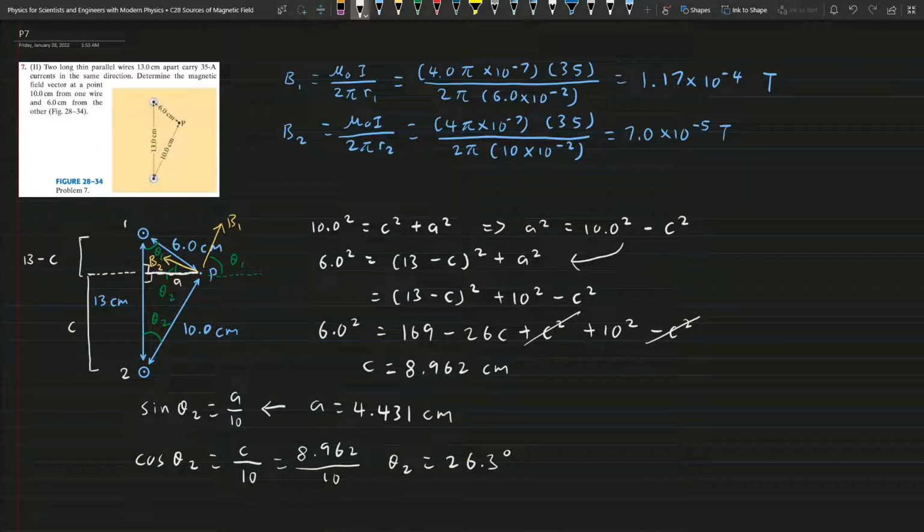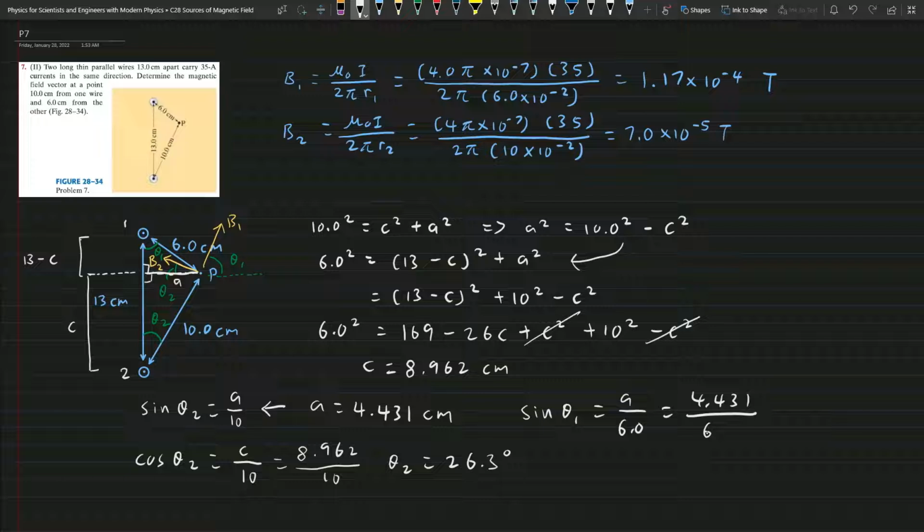From here we can solve for theta 1. We know sine theta 1 equals a over 6.0, so 4.431 over 6.0.